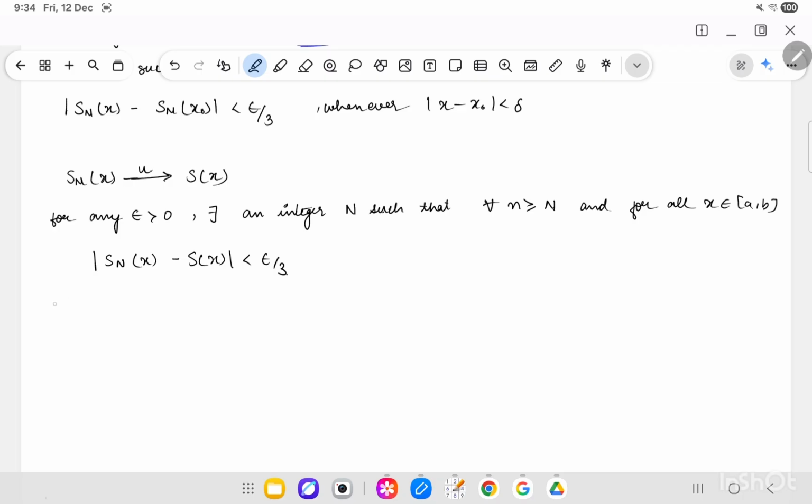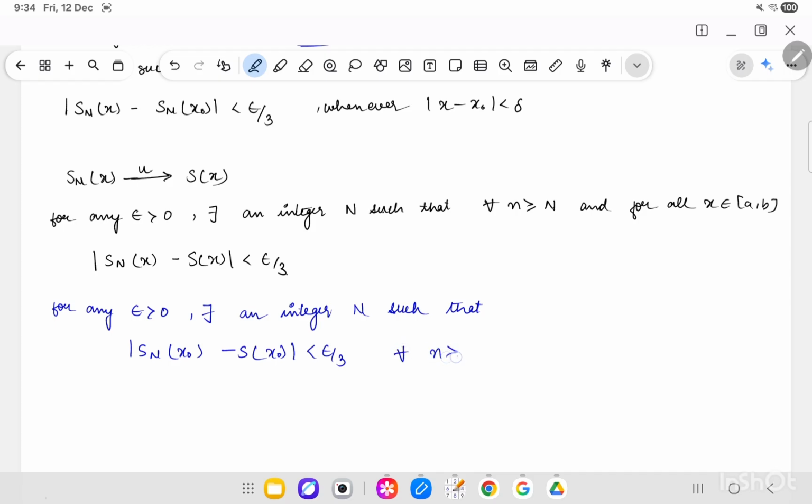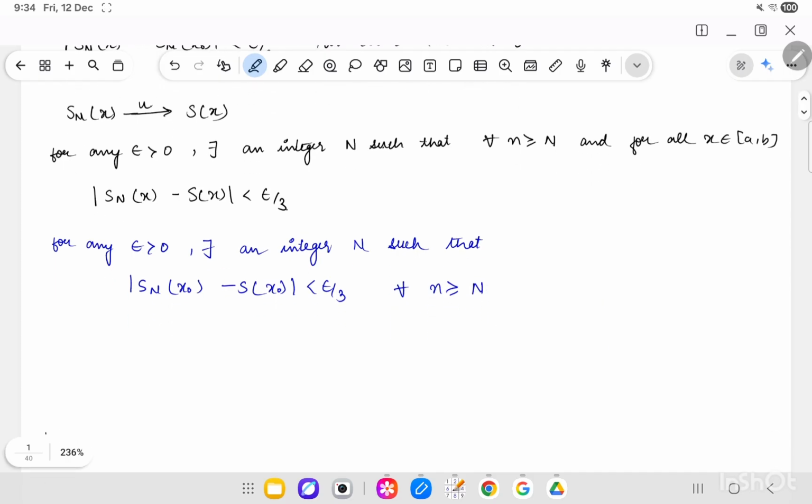So for that we get: for any epsilon greater than 0 there exists an integer N such that the modulus of S_n(x0) minus S(x0) is less than epsilon by 3 for all n greater than or equal to capital N. This is what we got.